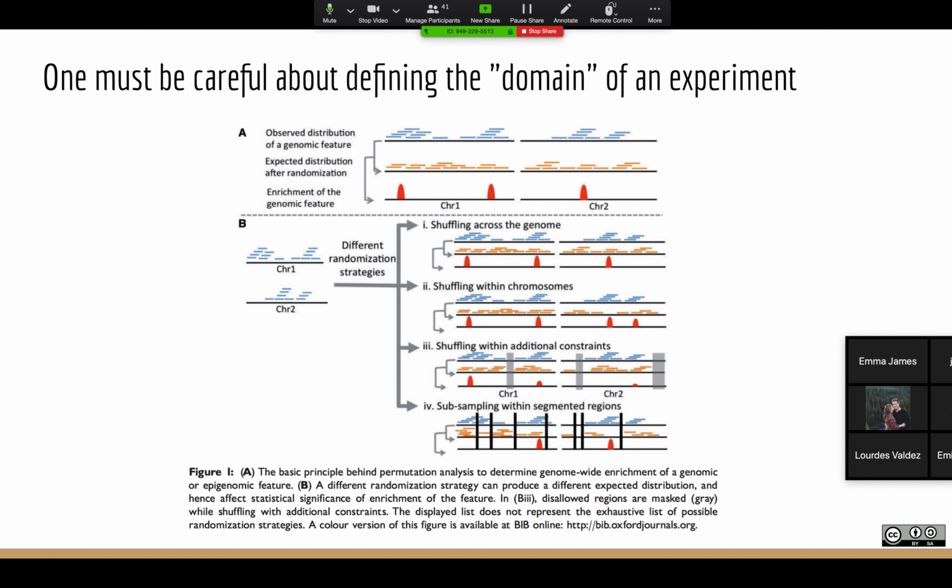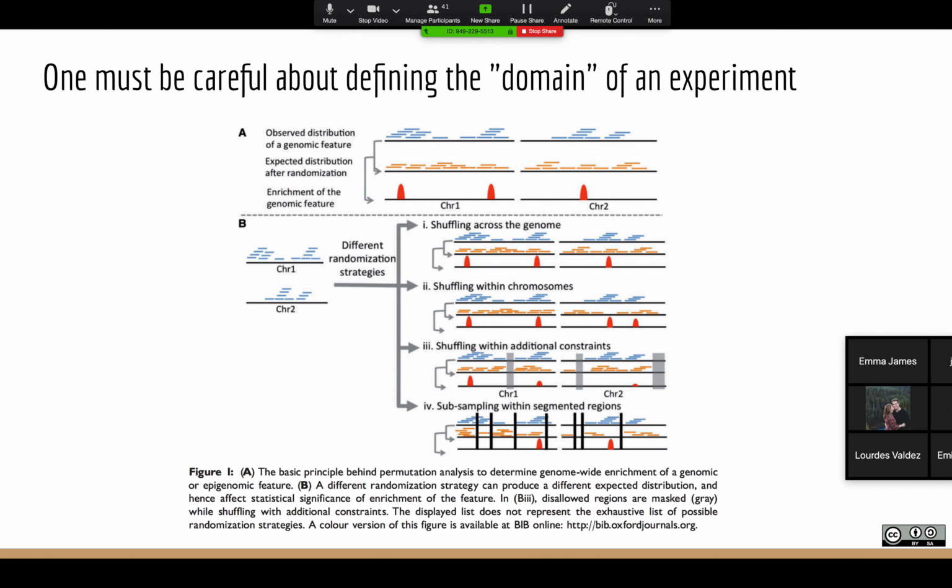For ChIP-seq, one thing that's often used, for instance, is that ENCODE and other studies have defined regions of the genome that are well behaved, and therefore you can confidently call ChIP-seq peaks.